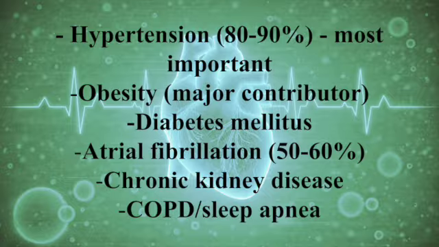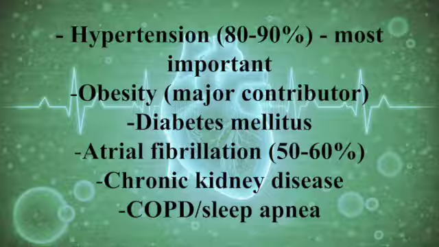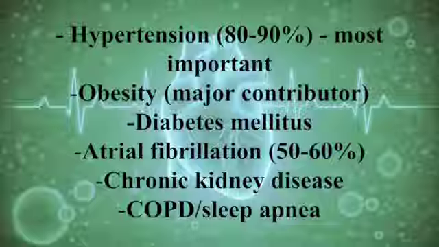This clustering of metabolic and cardiovascular conditions reflects the fact that HFpEF is not simply an isolated cardiac problem, but rather part of a broader syndrome of systemic metabolic dysfunction and inflammation, which is why comprehensive management of all these associated conditions is essential for optimal patient outcomes.